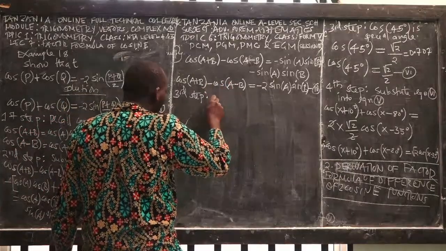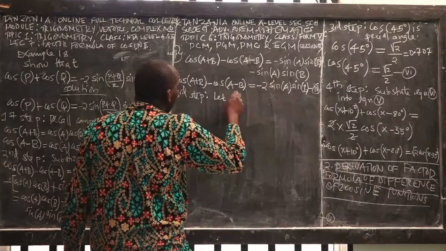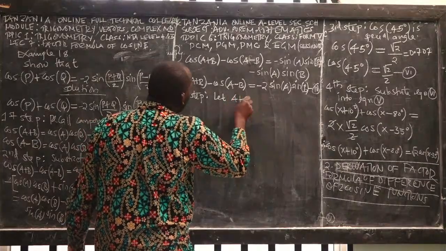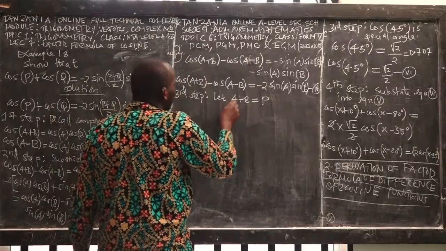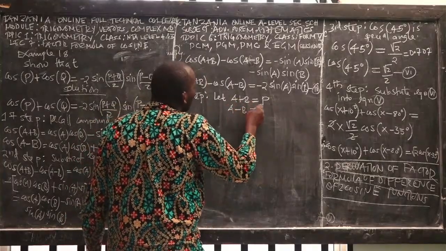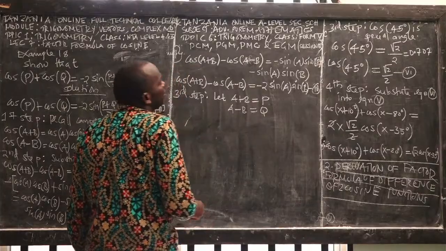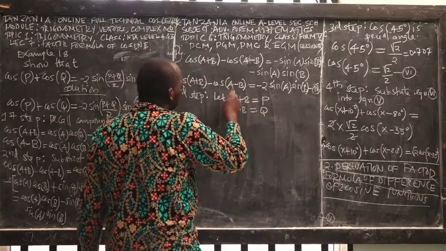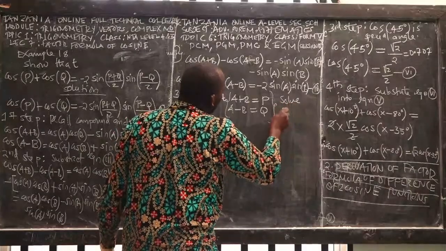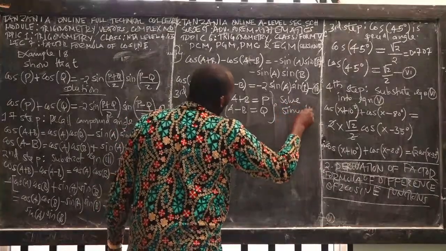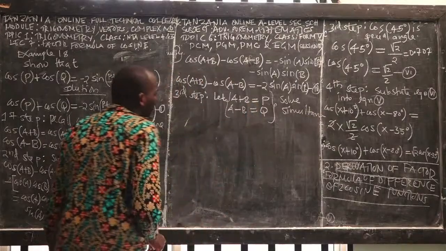So step 3, we say that let A plus B be equal to P, and also A minus B be equal to Q. Solve them simultaneously.